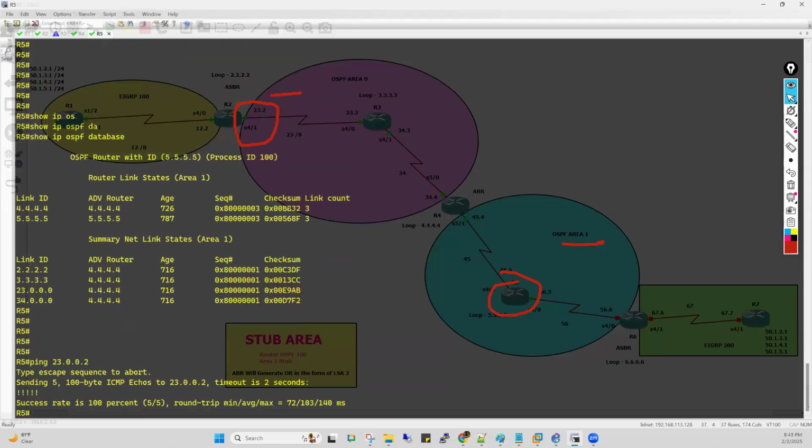I'm able to ping. Why am I able to ping? Because of the ABR. Clear, guys, everyone? We are able to ping because of the ABR. So the ABR here helps us to ping, or makes communication possible between two different areas.